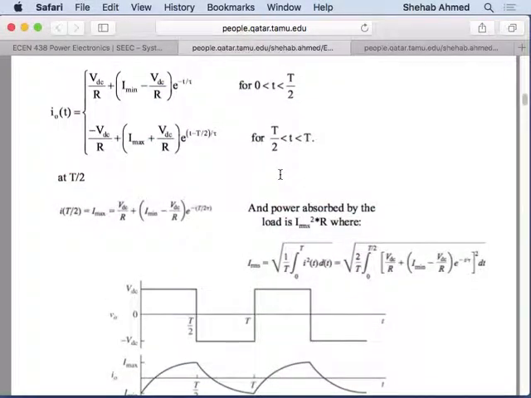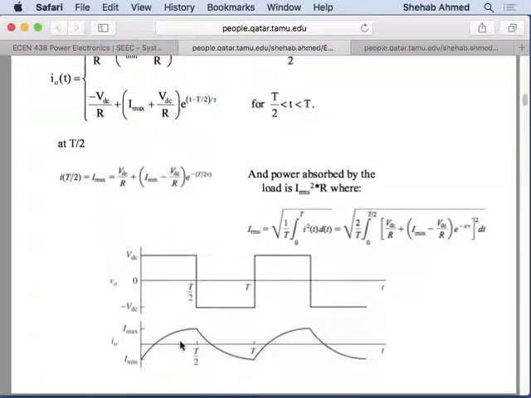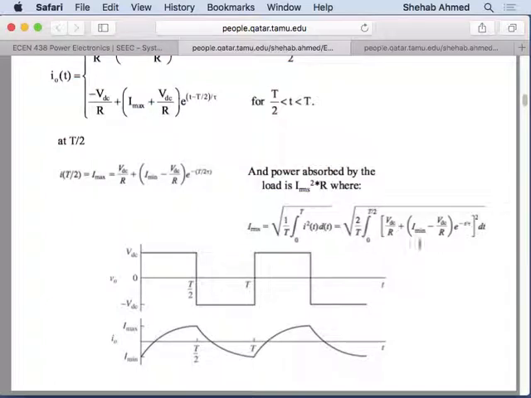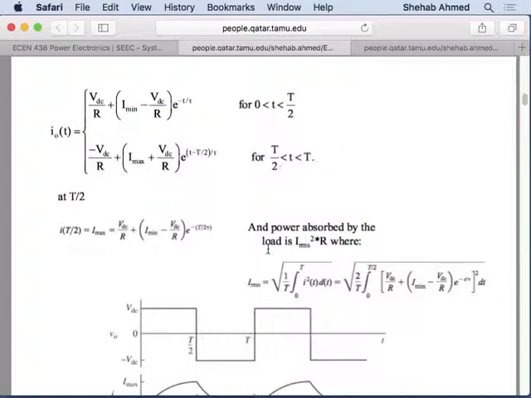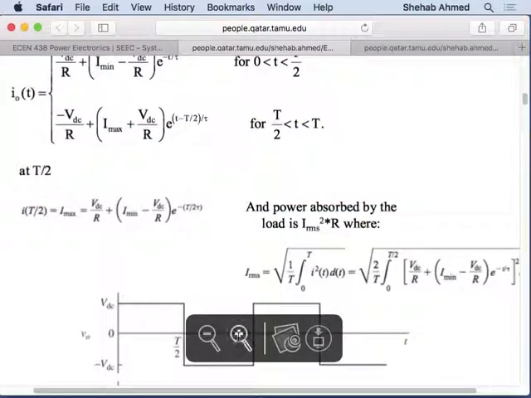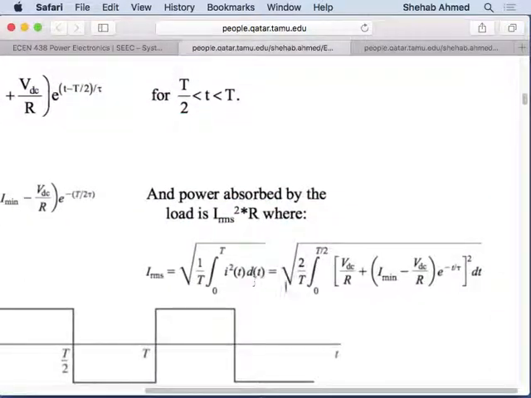RMS value of current, they wrote that here. Again, they took one of these, because the areas are identical. The area on top is identical to the area here. So they just did it on half the cycle. So to find the RMS value of any waveform, you would take that waveform, square it, find its average value, and put it under the root.